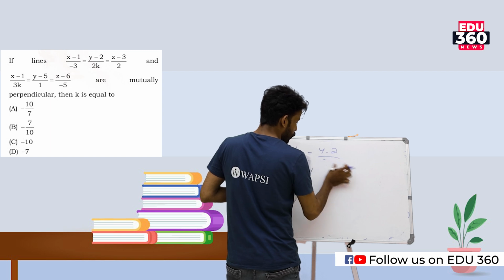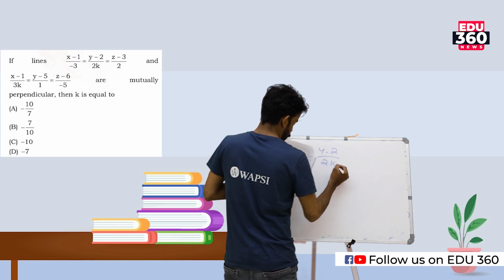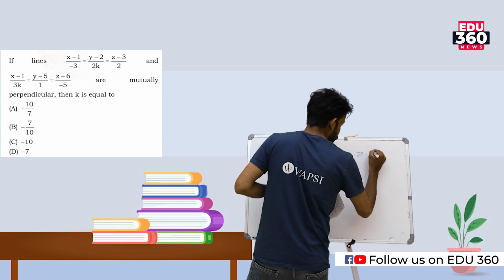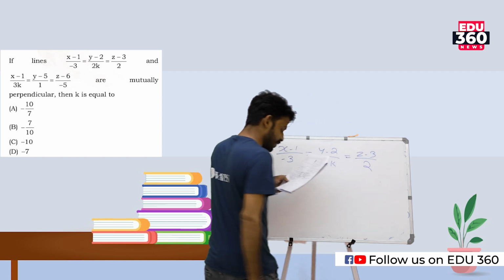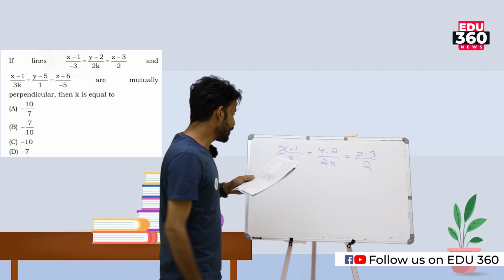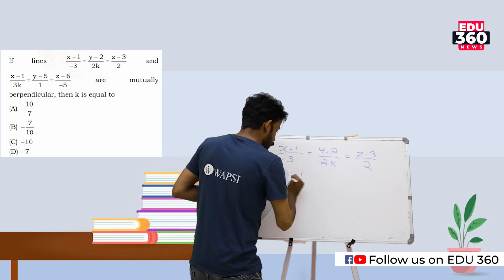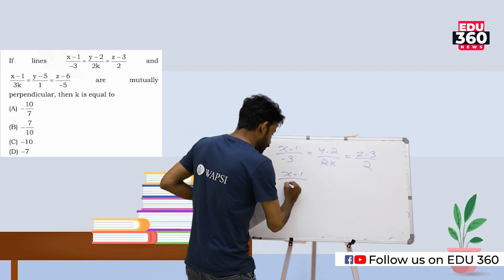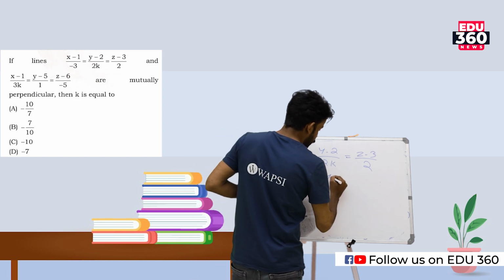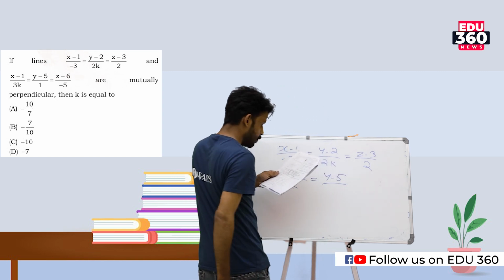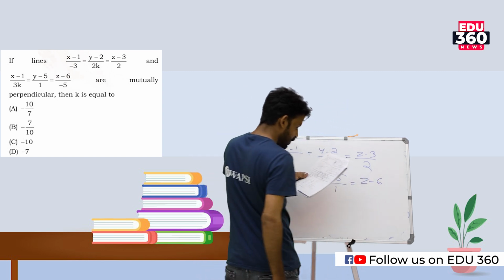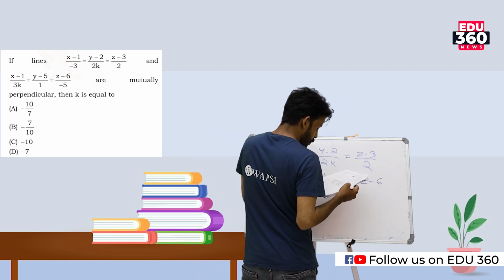(y minus 2) divided by 2k is equal to (z minus 3) divided by 2. This is the first line. The second line is (x minus 1) divided by 3k is equal to (y minus 5) divided by 1, which is equal to (z minus 6) divided by minus 5.